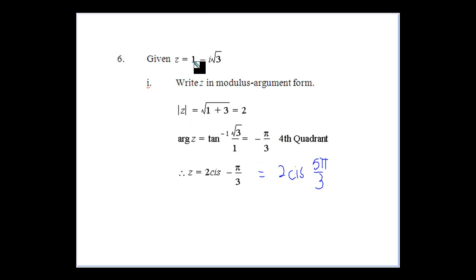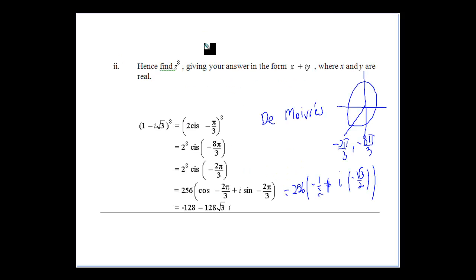Given that z is 1 minus i root 3, put it in modulus argument form. Again, what we've been doing: getting a modulus, and the argument is in the 4th quadrant, so we could write it as 2 cis minus π/3, or 2 cis 5π/3, whichever way you get it. And hence find z to the power of 8. Well, it starts to make life a lot easier.